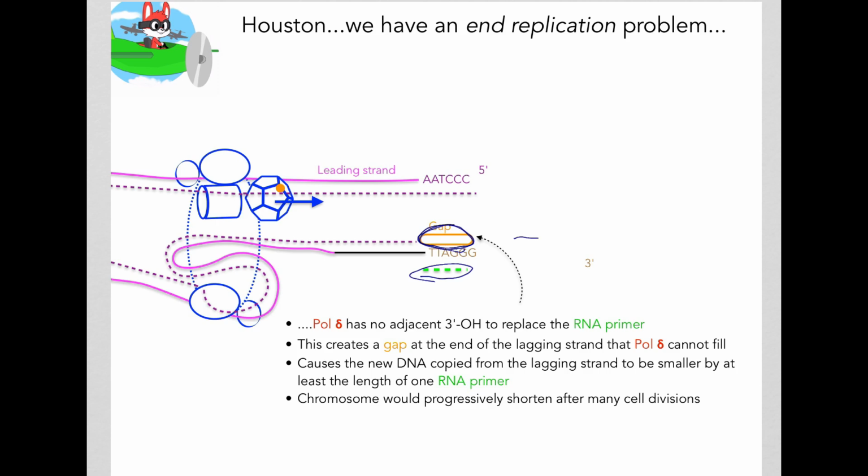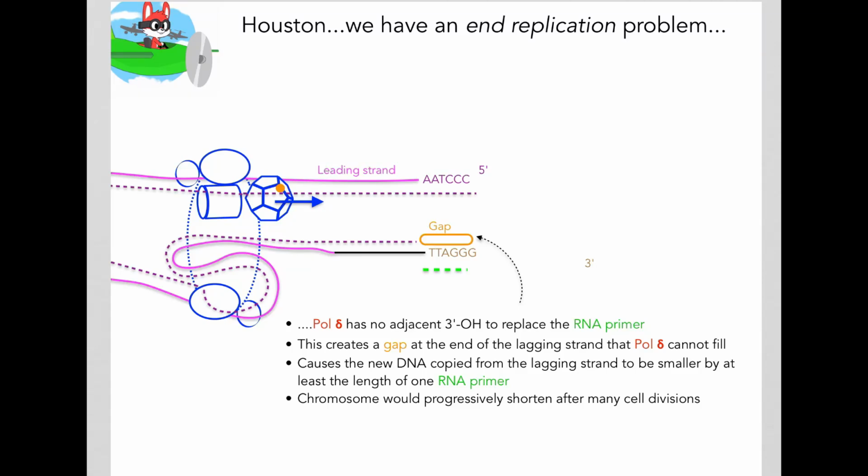Now, there is no Okazaki fragment down here, so that means there is no 3' OH present, which means Pol delta doesn't have a 3' OH. That means it cannot replace this RNA primer with new DNA. So it cannot fill in this gap.